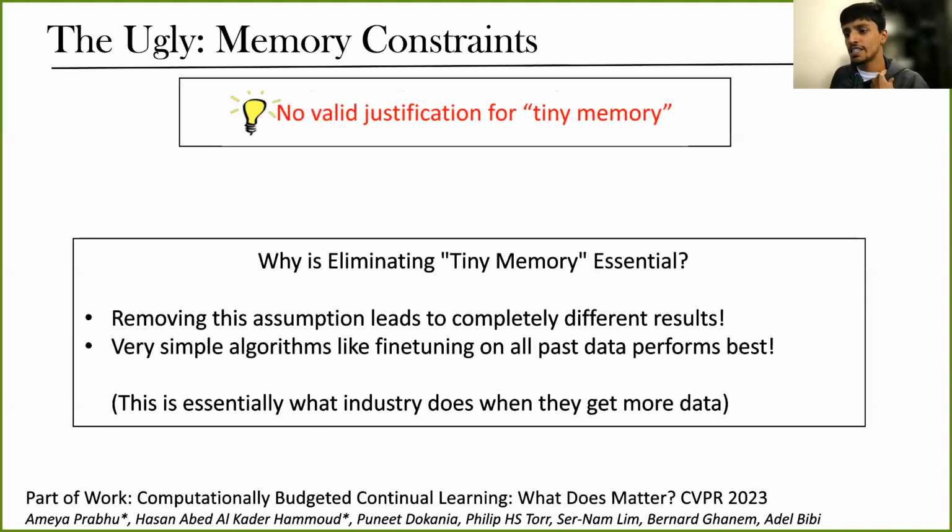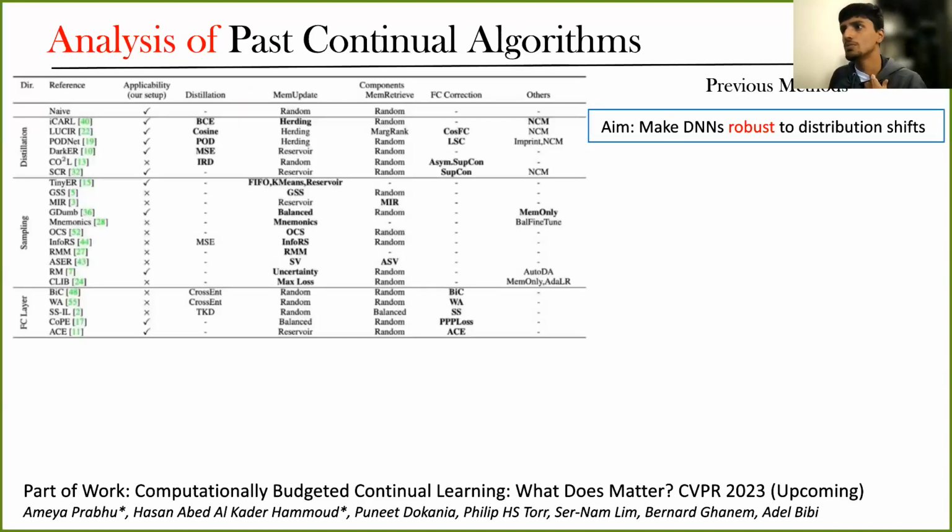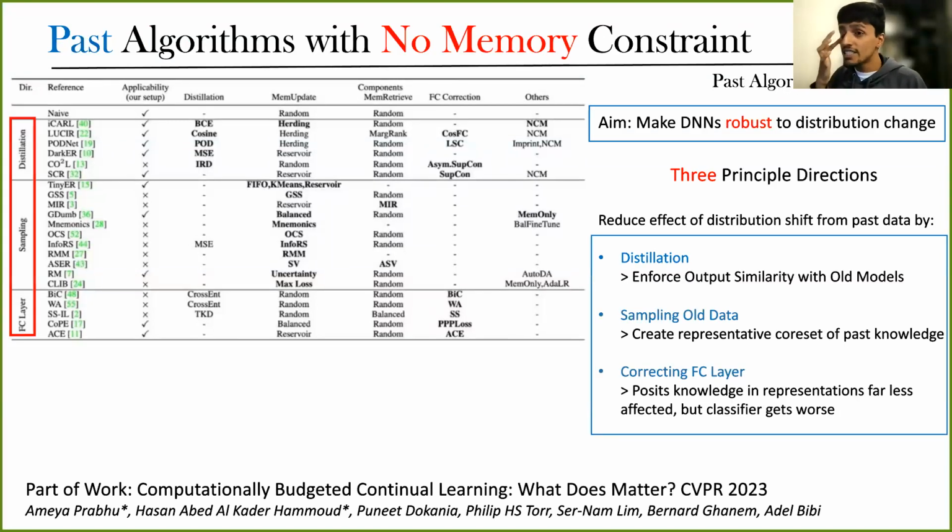Now let's dive into the detail. What have previous methods done? Here is a table of previous methods. They try to make deep networks robust to distribution shifts. You get some new data, some new class, some new distribution. They train on some past data and some new data, and try to generalize the network across these k distributions. They have taken three principal directions.